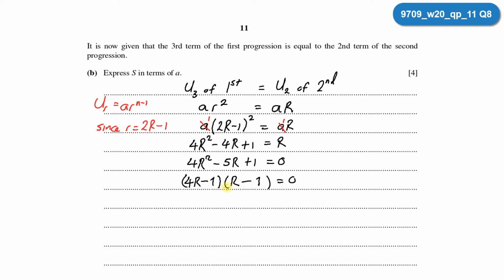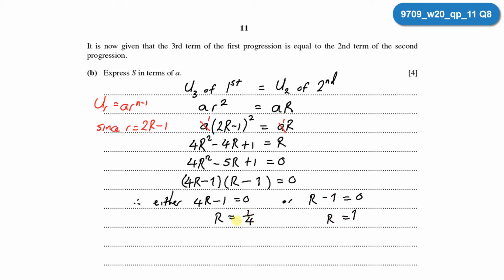So we've now factorized it, which means that either 4R minus 1 is equal to 0 or R minus 1 is equal to 0. Here we get R coming out as a quarter, and here we get R coming out as 1.